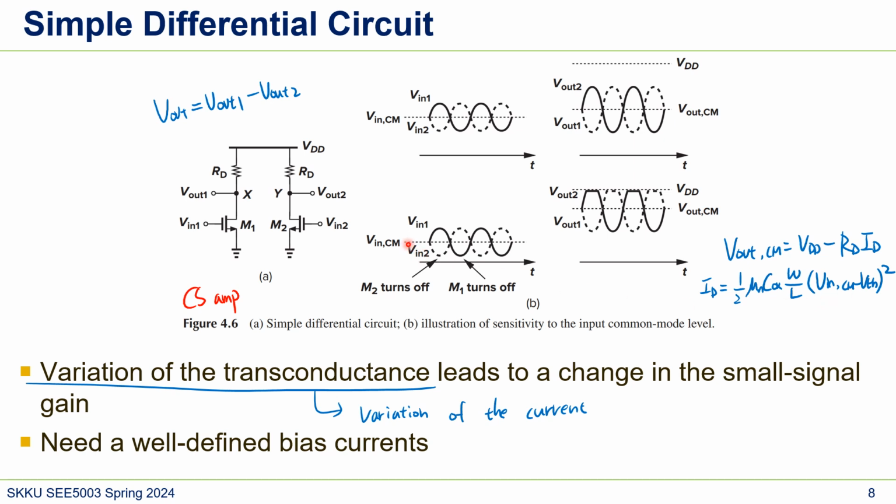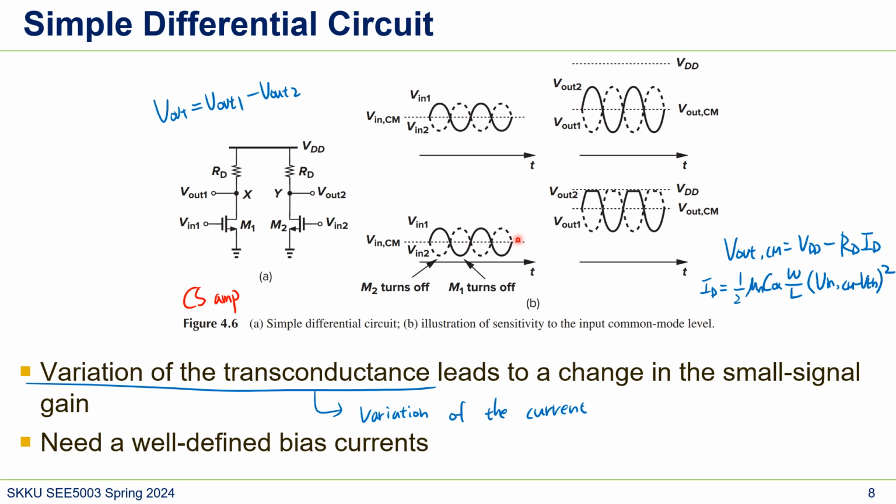And then the V out Cm will be a function of V in Cm, right? So if V in Cm changes, then V out Cm also changes. In this case, V in Cm decreases, which means the current decreases. That means the V out Cm will increase, right?